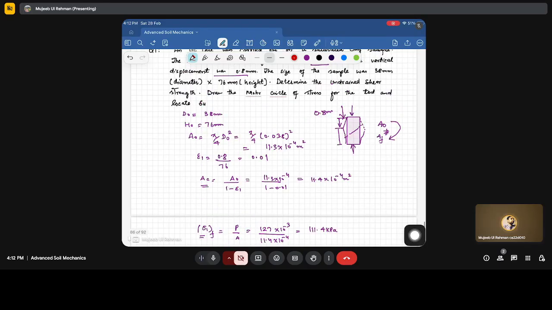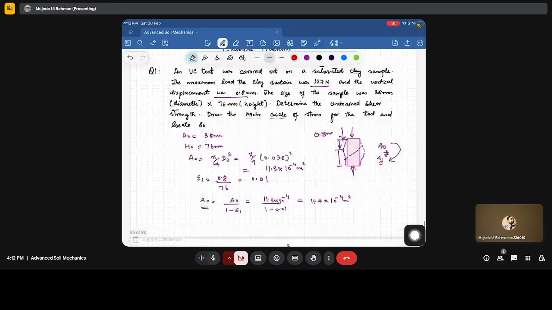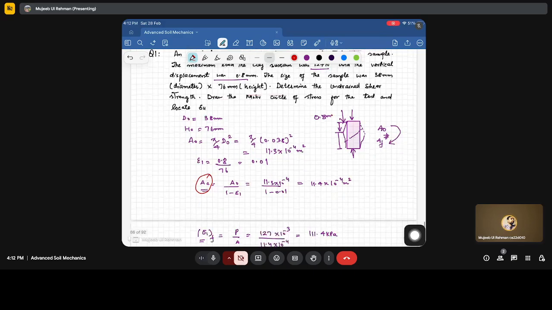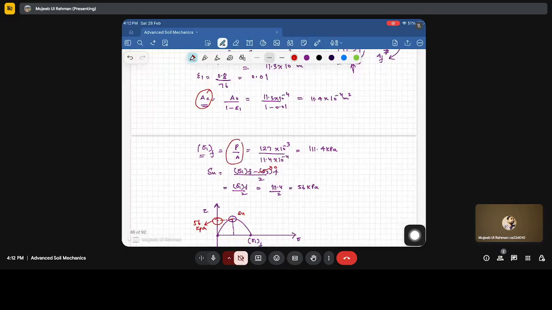So the main key concept in the UC test is that you have to do the area correction, which is important because the initial area and final area will not be the same, because the sample will bulge, because there is no confinement. The confinement is 0, and then we have to determine the load P by A, which is the stress at failure, and then strength is equal to that stress divided by 2.